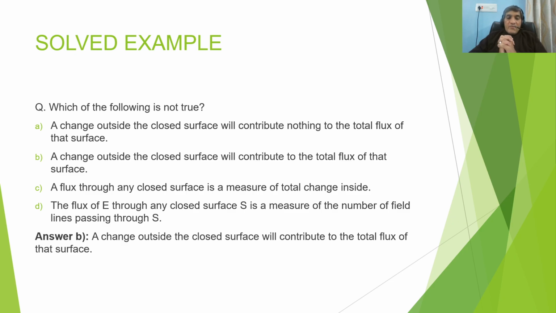So this is the right answer, but we have to read all options. The flux through any closed surface is determined by the total charge inside. Yes, it is correct. The flux E through any closed surface S is a measure of the number of field lines passing through S. Yes, this is correct. So the statement which is not true is that the charge outside the surface will contribute to the total flux. As we know, total flux depends upon the inside charge, not the outside charge.